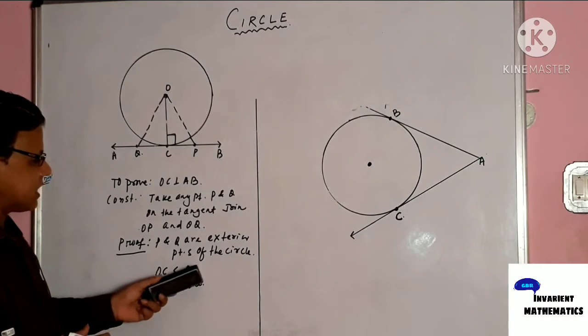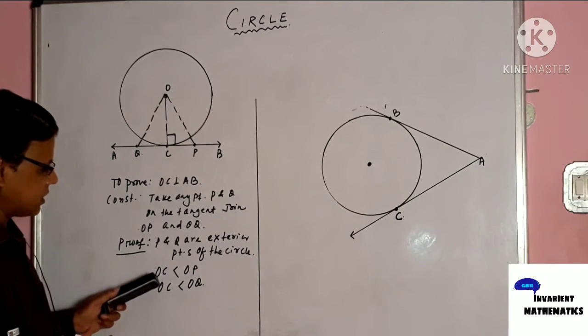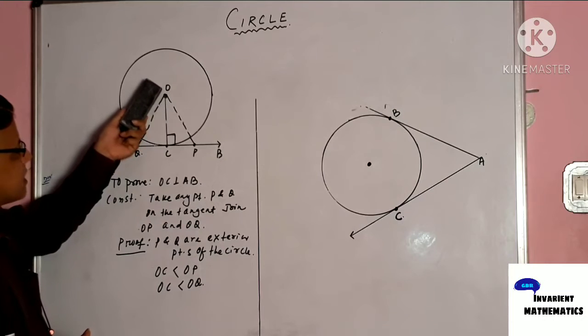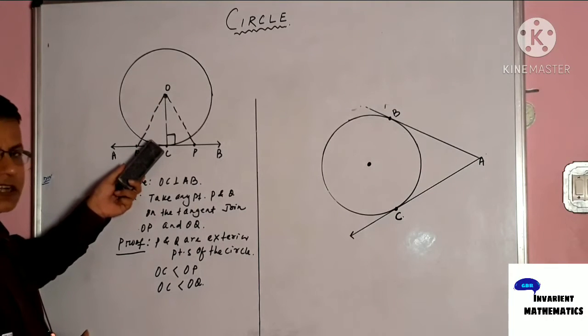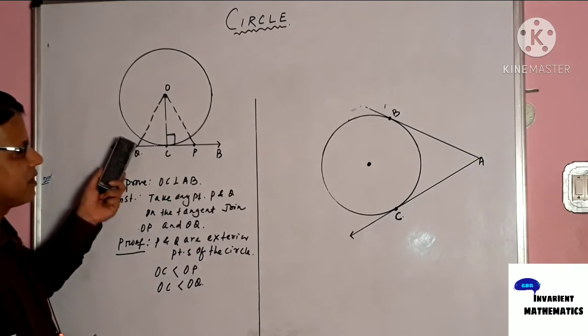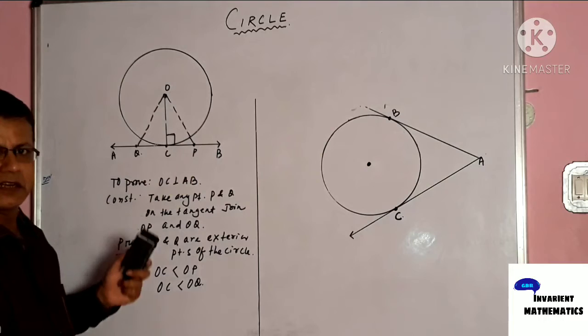So OC is perpendicular to AB. That means the radius is perpendicular to the tangent.